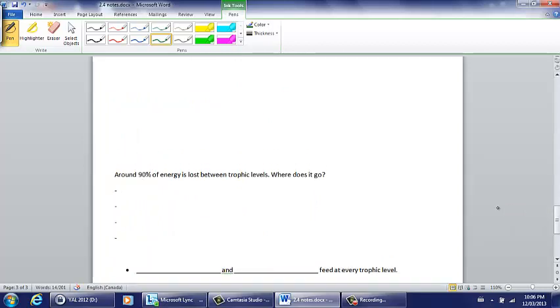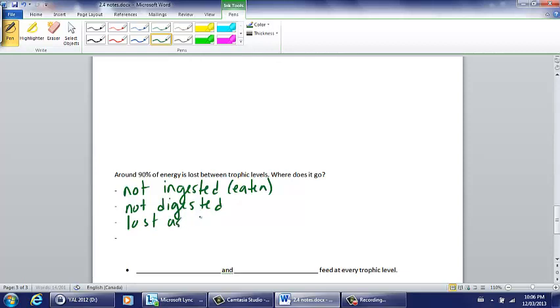Well, some of it is not ingested or eaten. So there's a lot of energy that's just not eaten. Some of it is not digested. So it's taken in, but it's not assimilated. Some of the energy is lost as heat, and some of the energy is excreted.